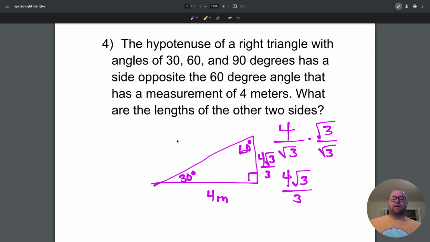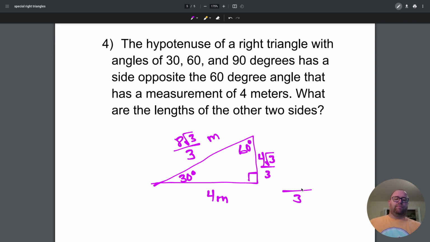So that's going to be 8 square root of 3 over 3. And what are the units? Well, they are meters. So we want to label it with the correct units here. Probably, I shouldn't be erasing my work, but I just want to make room for the label of the unit. So this is 4 square roots of 3 over 3 meters. This is 8 square roots of 3 over 3 meters.